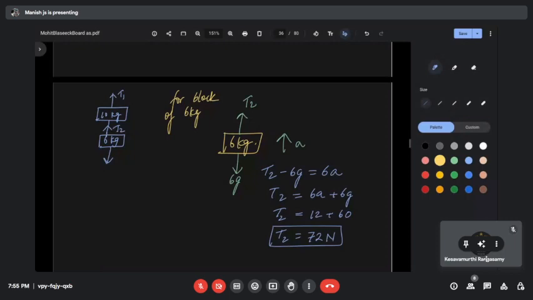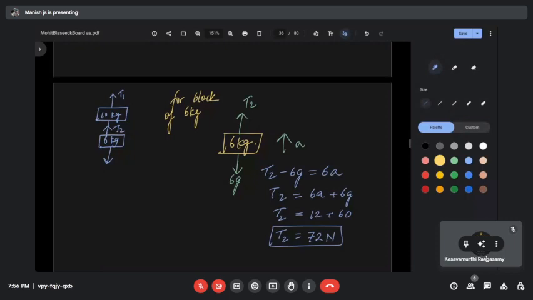Now with respect to the 10 kg block, again what are the forces that are acting? Very important: 10 kg is above the 6 kg, and you can see upward on the 10 kg there is a force T1 acting. Downward on the 10 kg there are two forces.